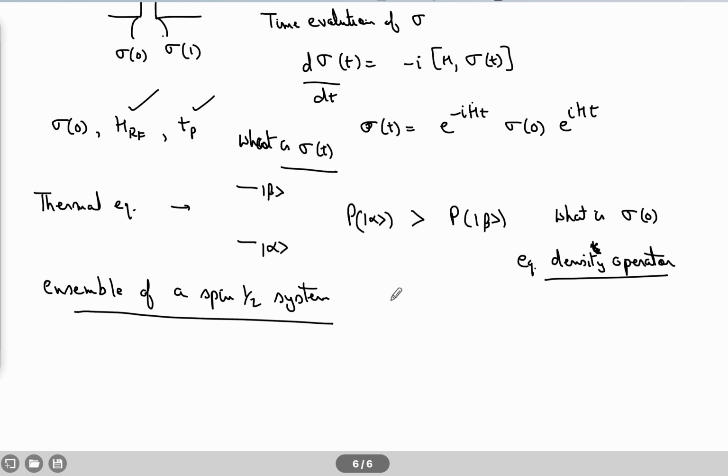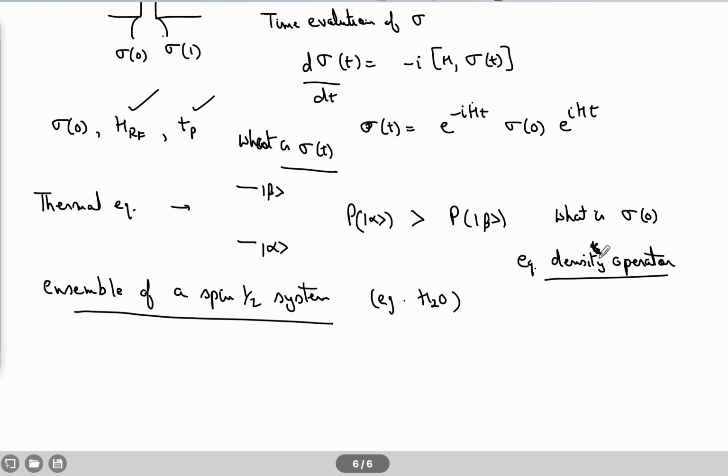So it's a simple case of a single spin. The example can be, let's say, water molecule, which has only one type of proton, so only a single spin half, but it's an ensemble of that because there is Avogadro number of spins present in a water sample, right?